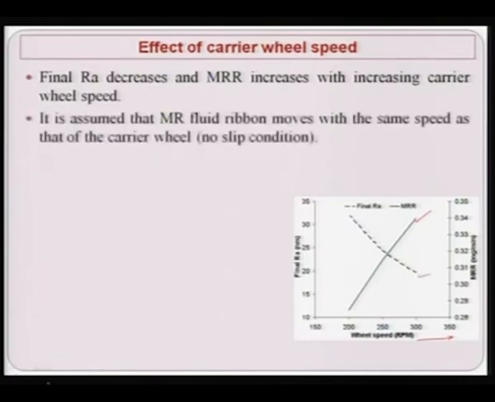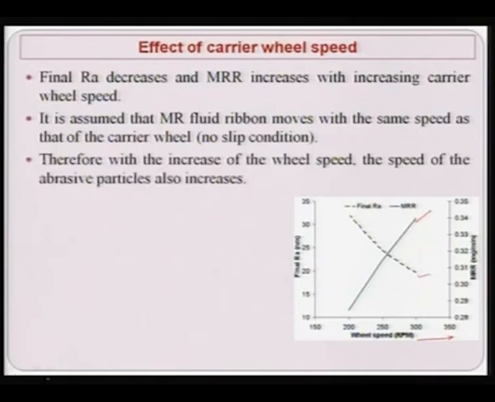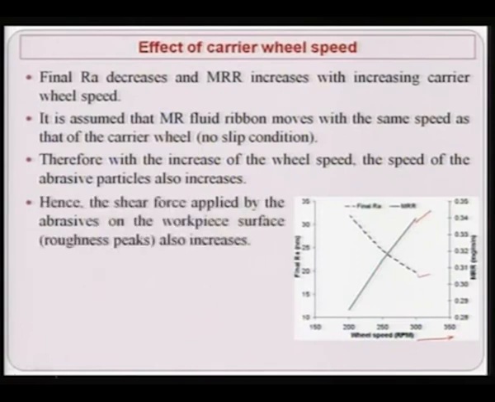It is assumed that the MR fluid moves with the same speed as the carrier wheel, that is, no slip condition exists between the wheel and the fluid. Therefore, with the increase of the wheel speed, the speed of the abrasive particles also increases. Hence, the shear force applied by the abrasives on the workpiece surface also increases.